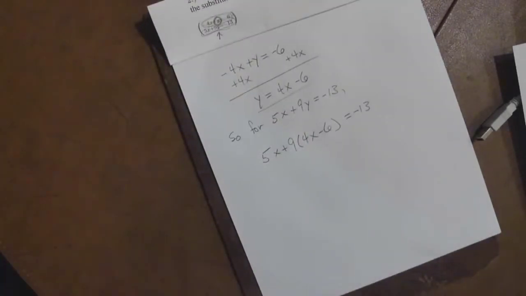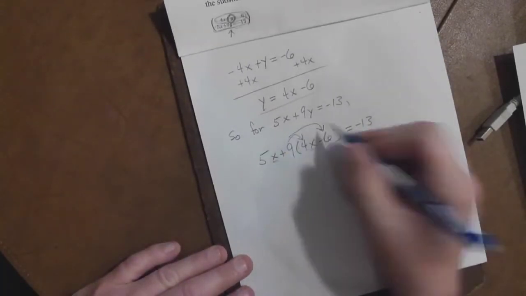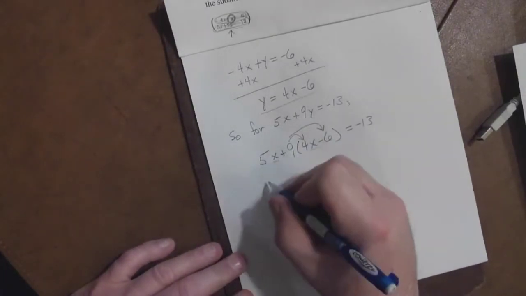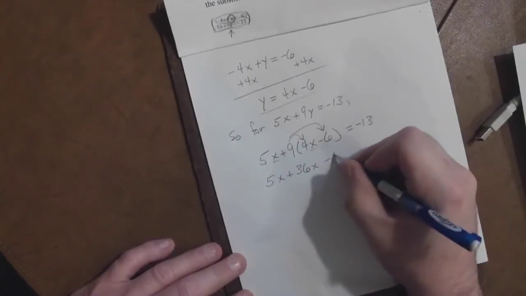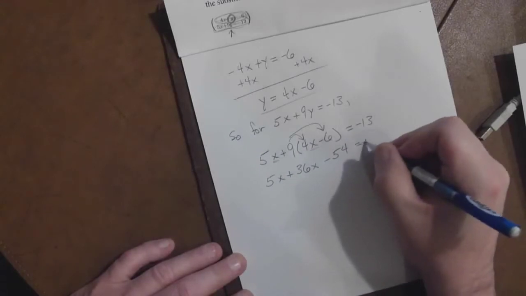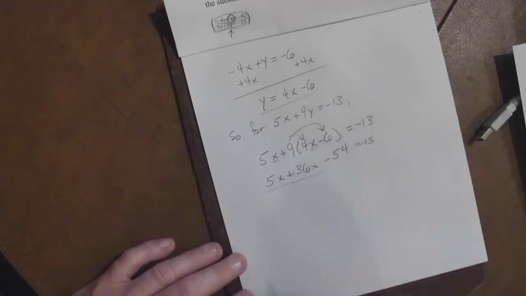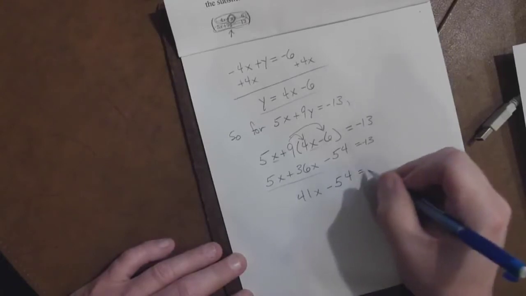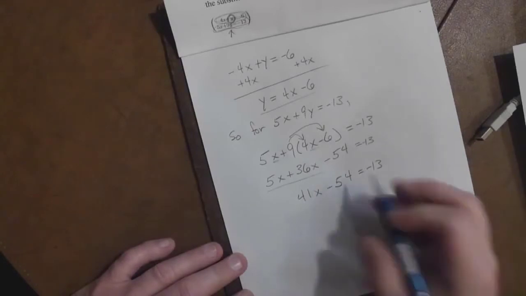And what we now have here is a linear equation in one variable that we should be familiar with solving, right? We are going to have to distribute the 9. Folks, at the end of the semester, you should not be forgetting to distribute when appropriate. This is 5x plus 36x minus 54 equals negative 13, right? Where I now combine these like terms and get 41x minus 54 equals negative 13. And I then, what? Add 54 to both sides.